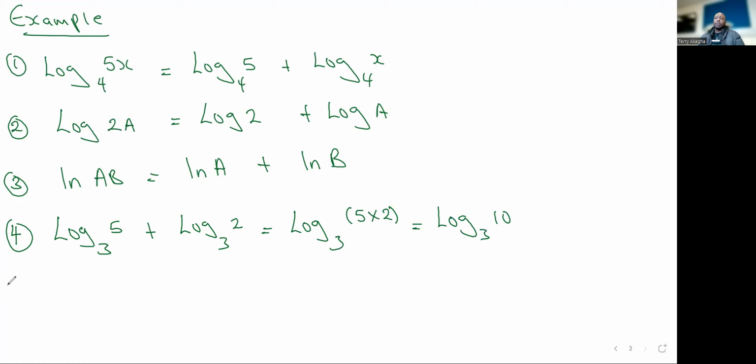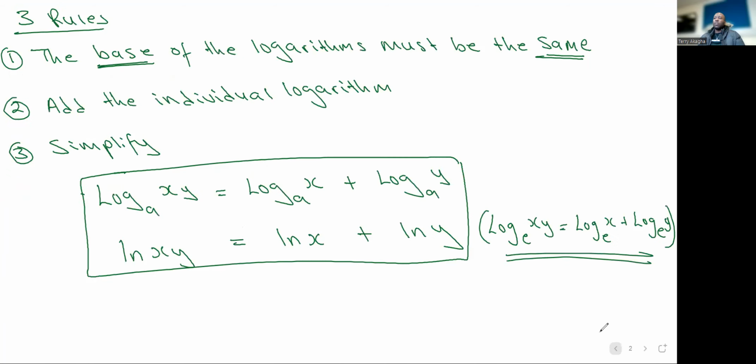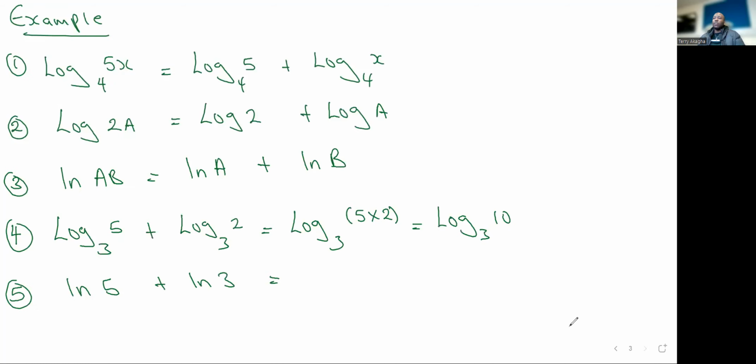Number 5, if we have something like ln 5 plus ln 3, the same thing applies because they are both ln. So remember, if you add them, you just multiply, right? So it's going to give us ln 5 times 3, and that'll give us ln what? 15.